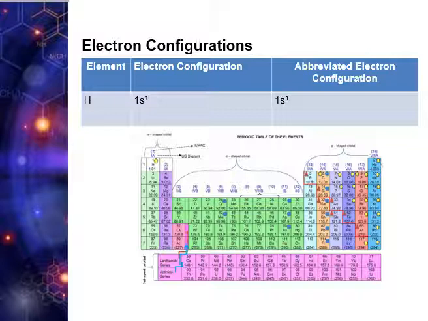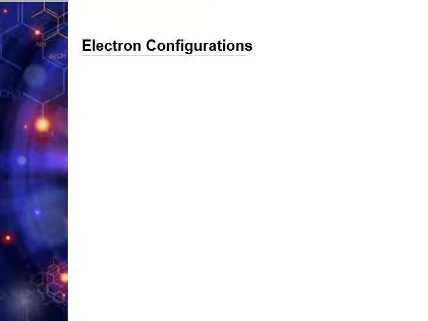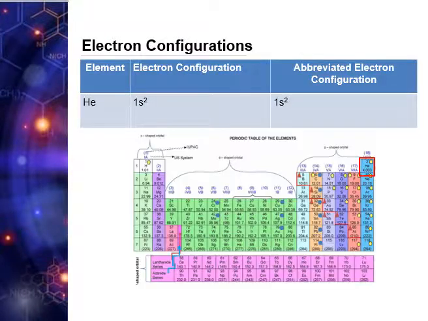Let's look at the abbreviated form for the electron configuration. Hydrogen is on the first level, s shape, 1 electron, 1s1. Let's look at the abbreviated form for helium. Helium is 1s2. It's on the first level, s shape. Remember, it is the only element on the right side that's an s shape.